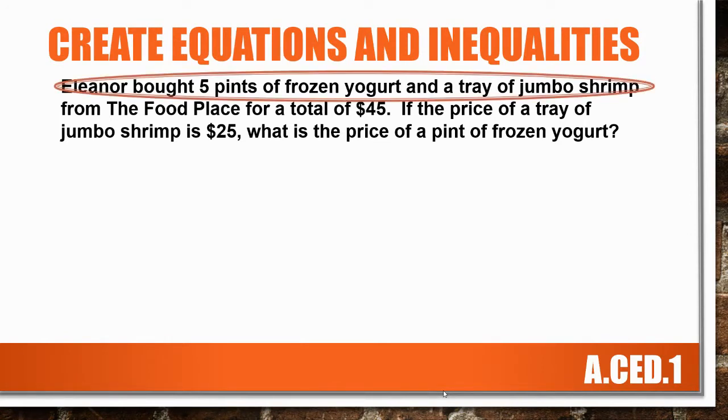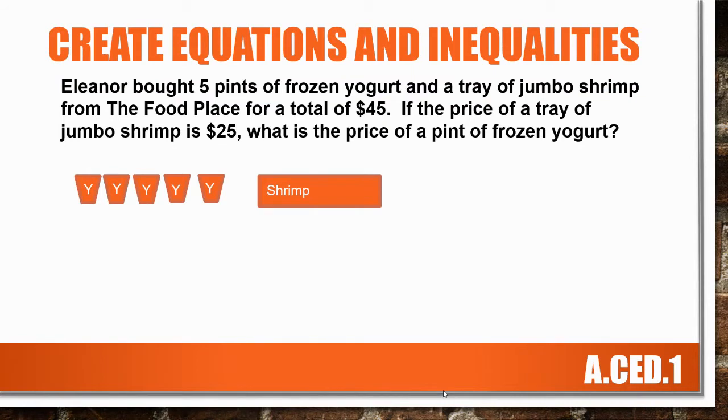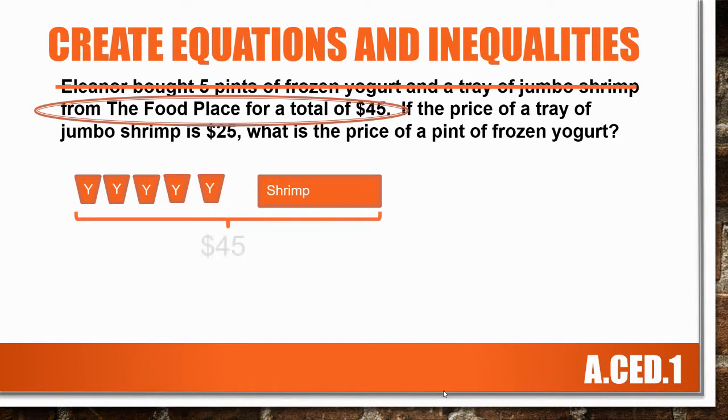First sentence, Eleanor bought 5 pints of frozen yogurt and a tray of jumbo shrimp. Here we go. 5 pints of yogurt and a tray of jumbo shrimp. I've labeled those for you. We finished that part of the sentence, and we know now that it is a total of $45. So let's diagram that. All that together is $45.